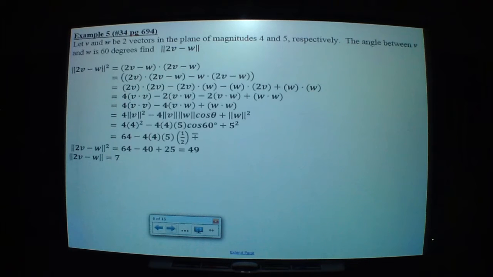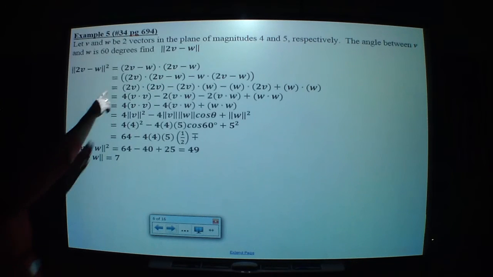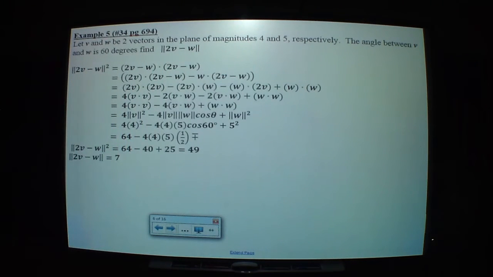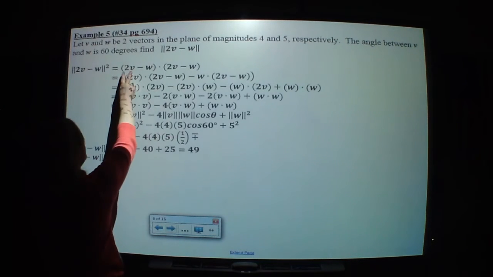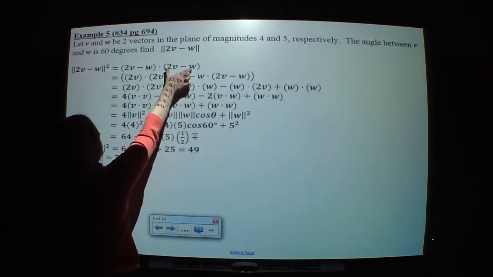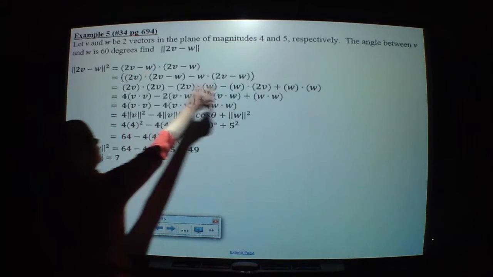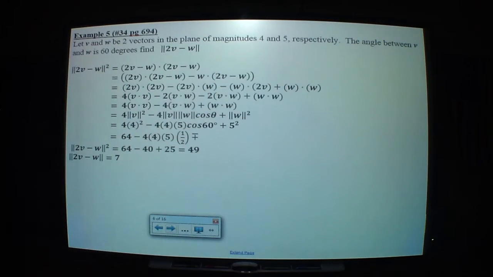So I can rewrite that as dot products. That's what that is equal to. And I can distribute this: 2V times that quantity and the negative W times that quantity. So there's what I did there.